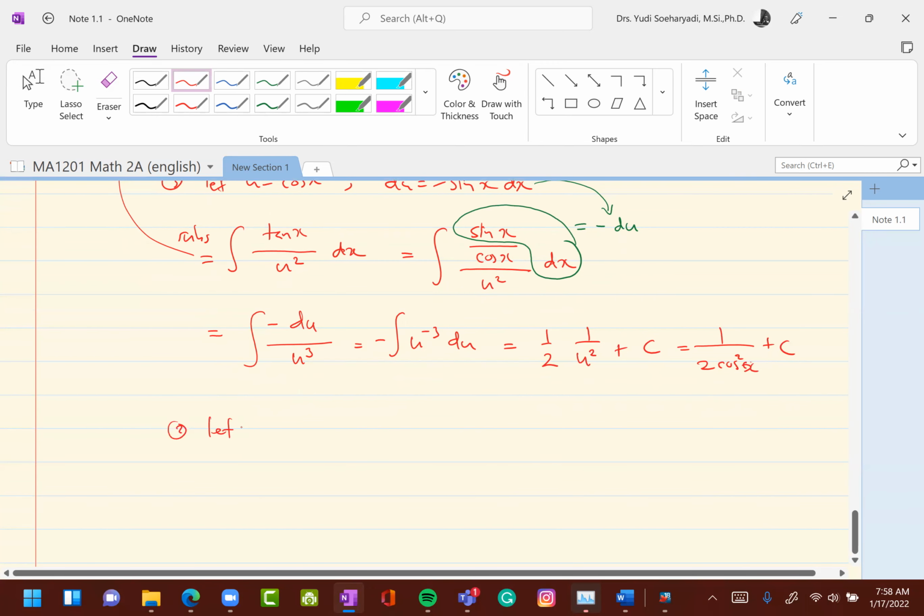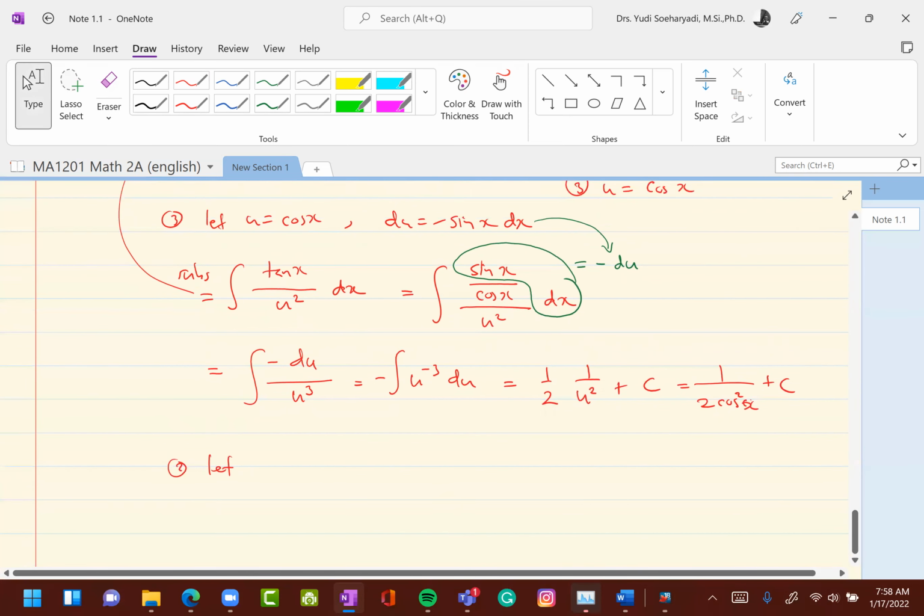Sir, I still don't understand how sine x over cosine x times u squared dx turns into negative du over u cubed. So let's rewrite this one here. This is 1 over cosine of x, right? Here we have sine x dx, this part, and you still have u squared.